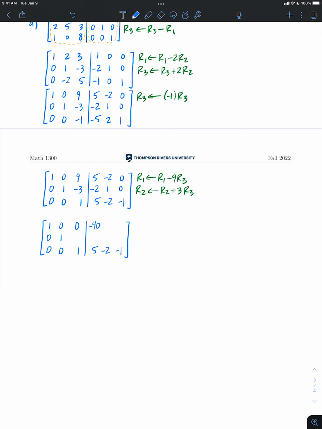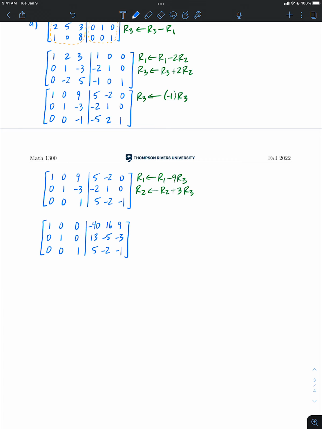Then we've got -2 minus 9 times -2, that's going to give you -2 plus 18. And then lastly, we'll have 0 minus 9 times -1, so that's going to be 0 plus 9. Okay, then for the second row, the numbers are a bit smaller. We add row 3 to row 2 three times. That's going to give us a 0 here, -2 plus 15. Then we'll have 1 minus 6, which is -5. And then 0 minus 3 for our last entry.